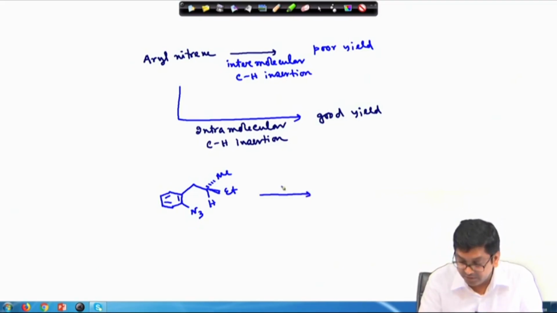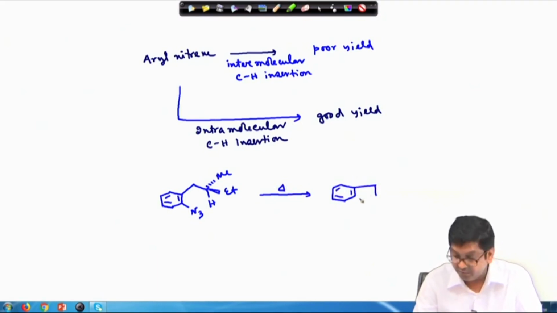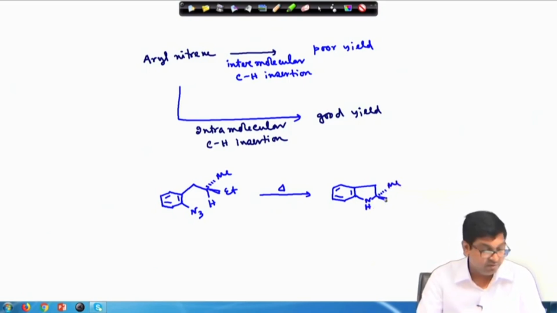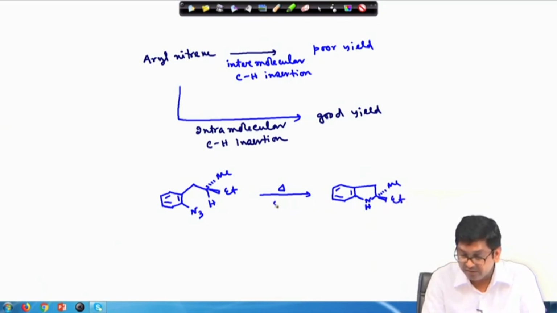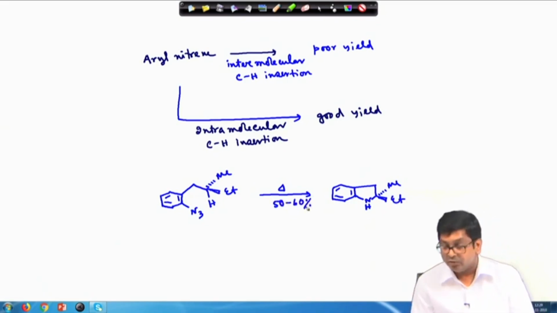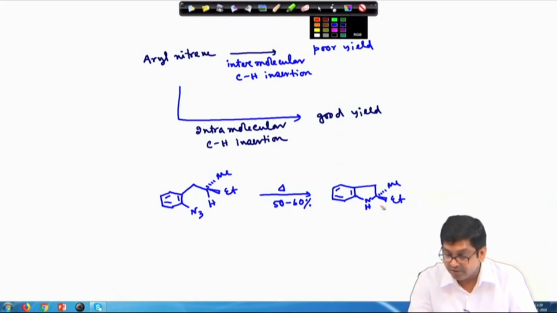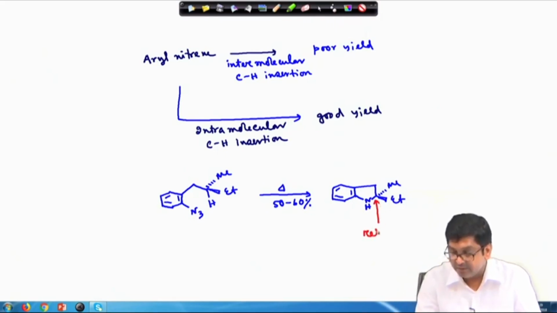Now, if we heat it, it will give the desired product with retention of configuration. This is important, in a 50 to 60% yield. So, here retention of configuration is important.